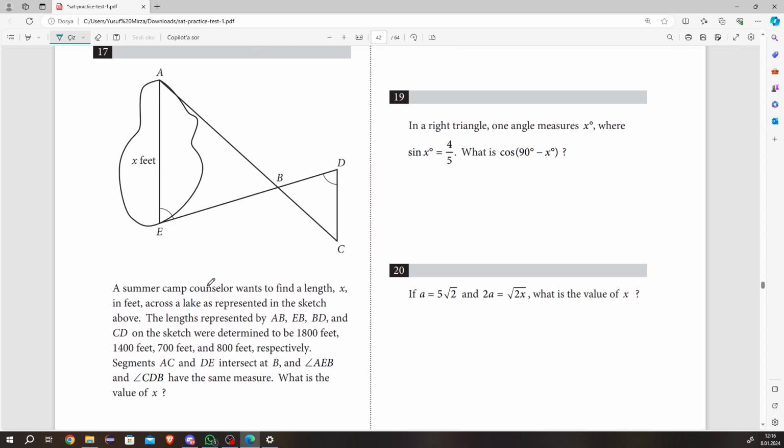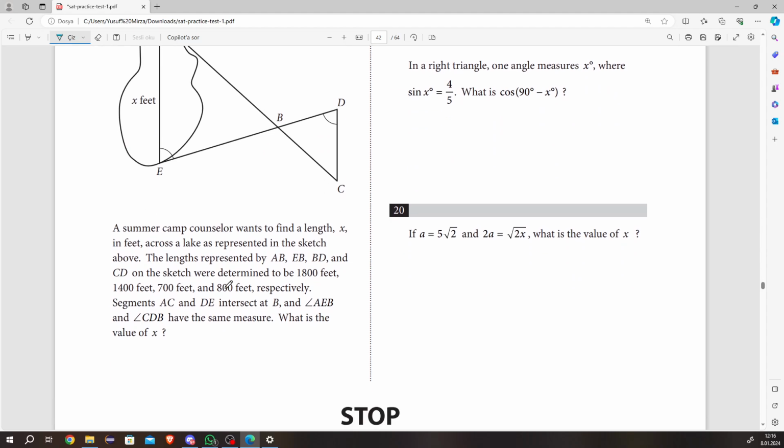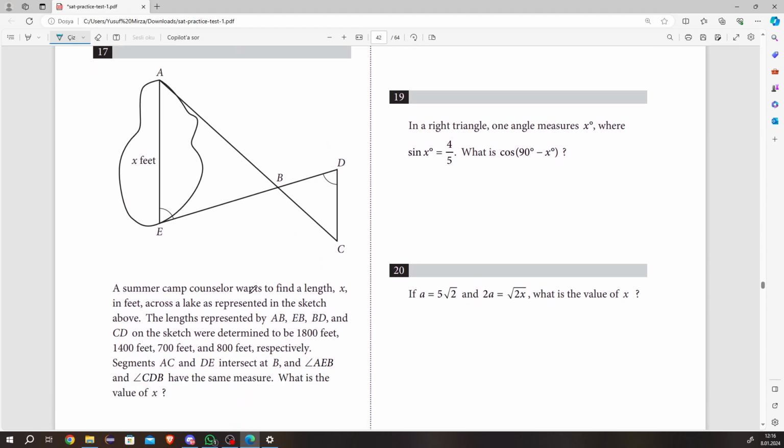Let's go. A sample can find the length x in feet across the lake as presented in the sketch above. The sketch of CD is to be feet. Let's put them here, and BD is here.